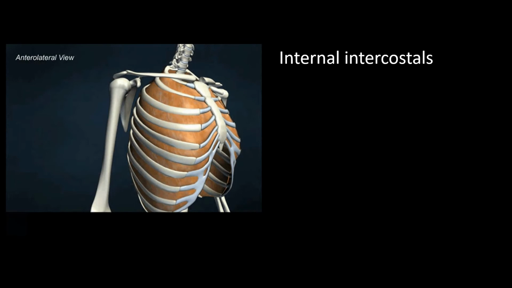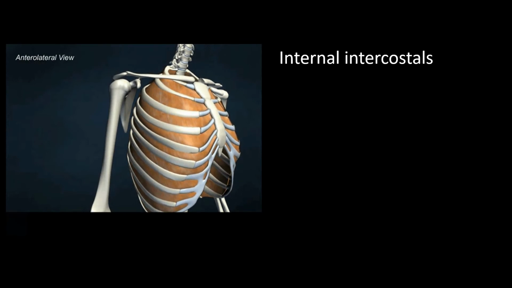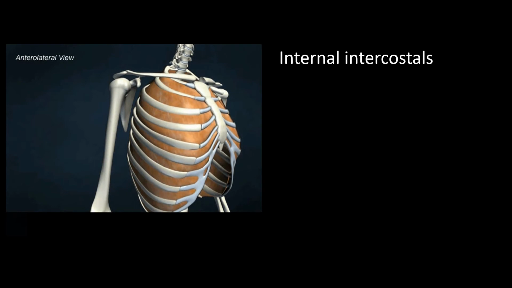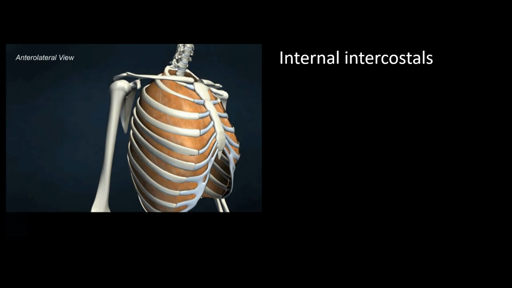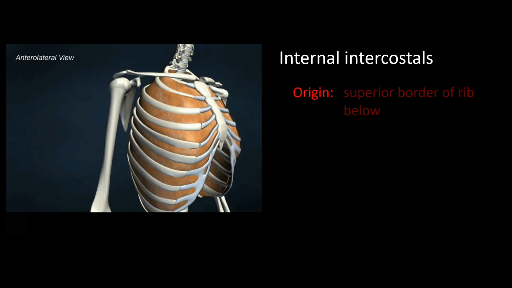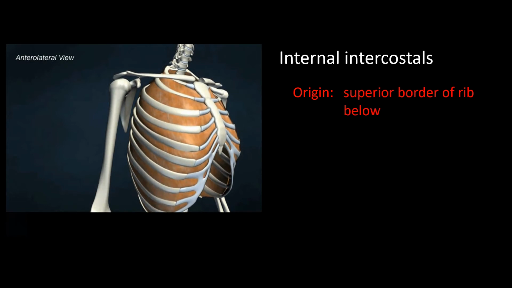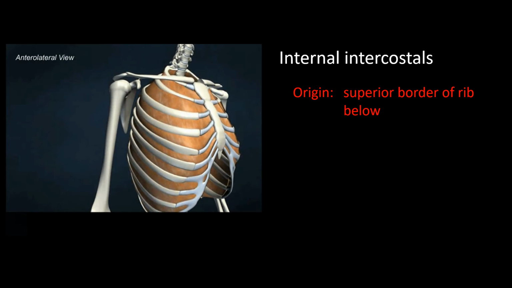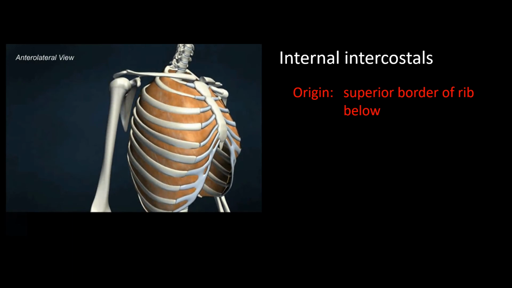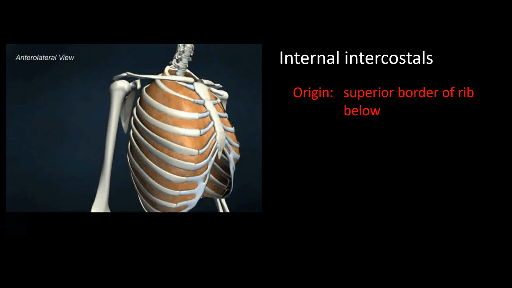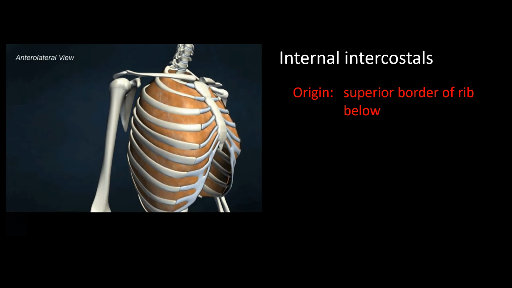These are the internal intercostals. I realize that this diagram looks very much like the one you just saw with the external intercostals, but there are some differences here. So the first difference is the origin. So with the internal intercostals, which are deep to the externals, the origin is actually the superior border of the rib below. So if you'll recall, the external intercostals, their origin was the inferior border of the rib above.